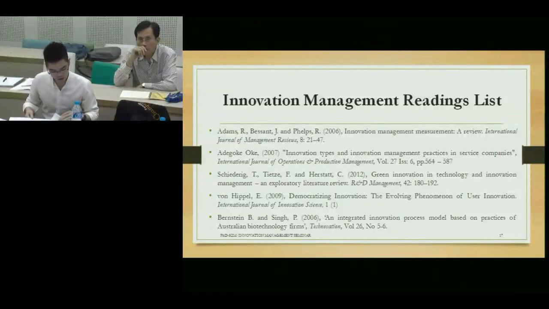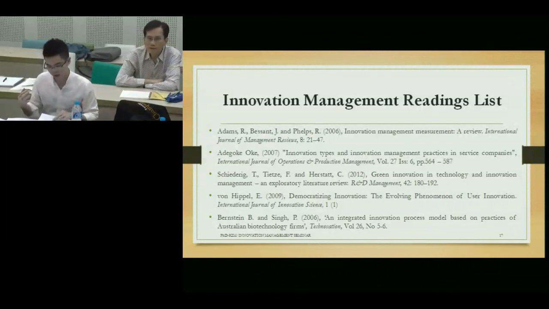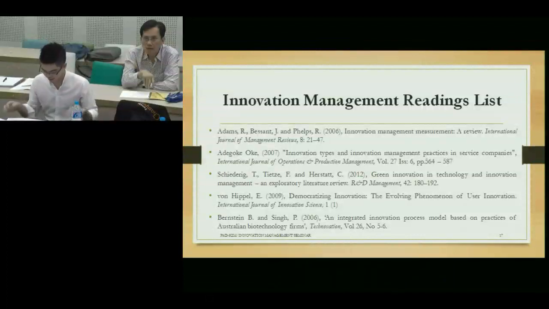Basically, for those two reviews, it has come up with the result that the firm should cooperate between internal and external, and technology, network, and knowledge have been inferred as factors.